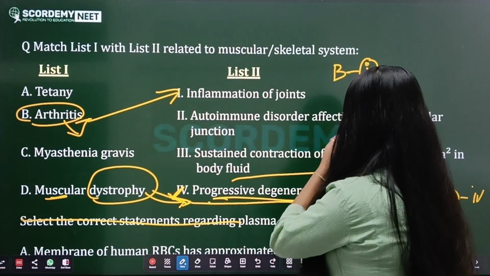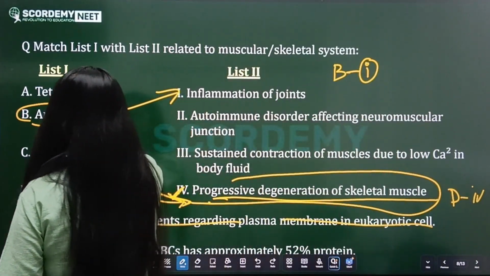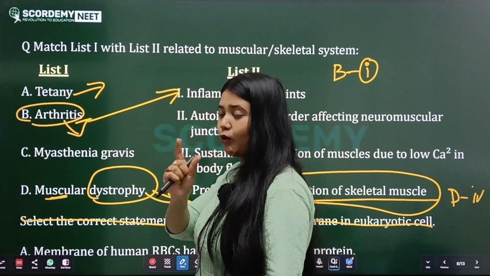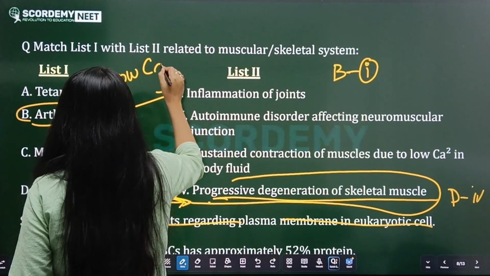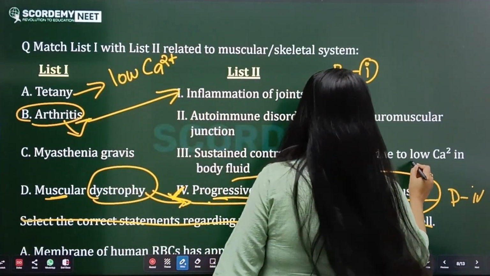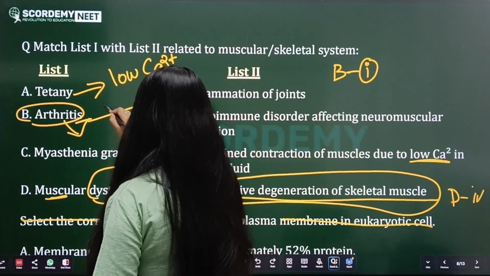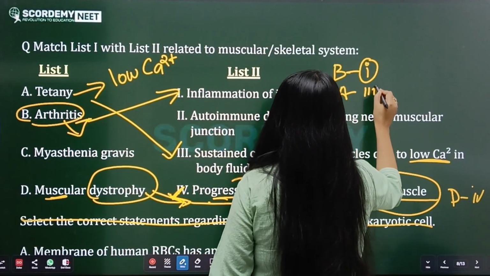Now see, tetany means what? Always remember one code word: tetany means low calcium. Tetany, low calcium, so you got the answer: A is 3.